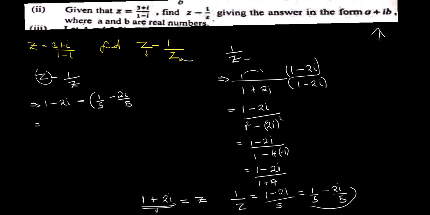So that will be now 1 minus 2i minus 1 over 5, then that will be plus 2i over 5. So I group the like terms from there. So this one will come with that. So that will be 1 minus 1 over 5, the one without i's, we group them. Then negative 2i, then plus 2i, like that.